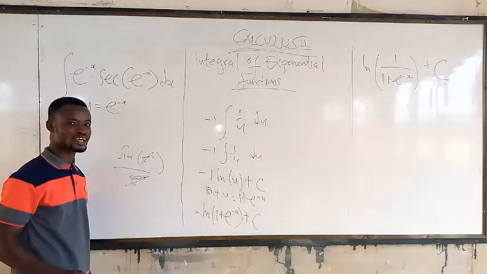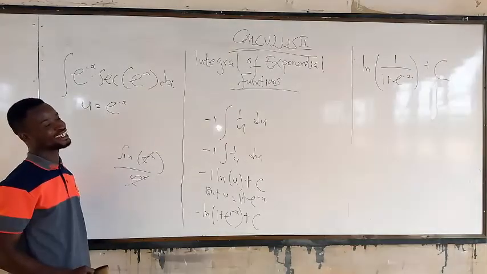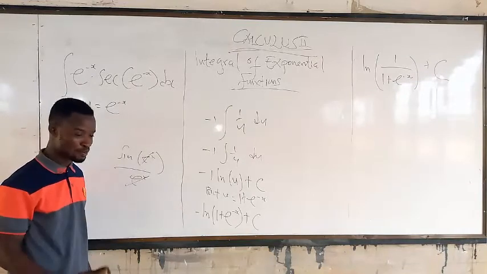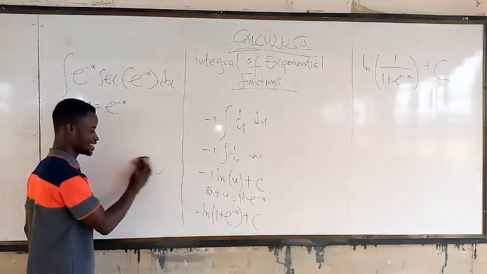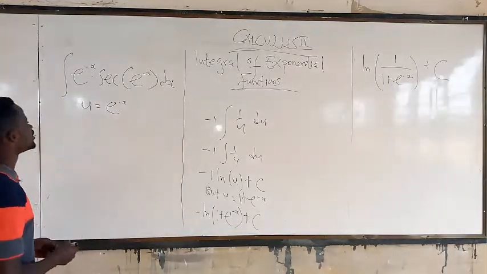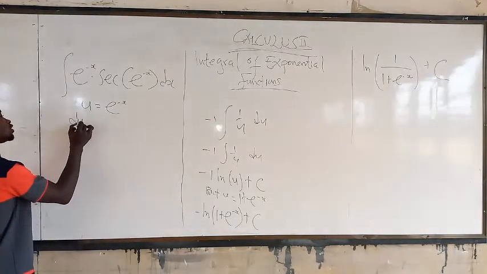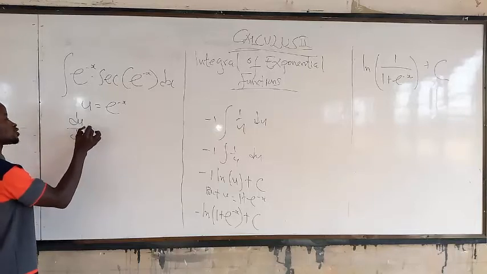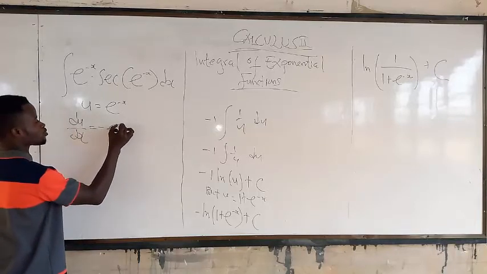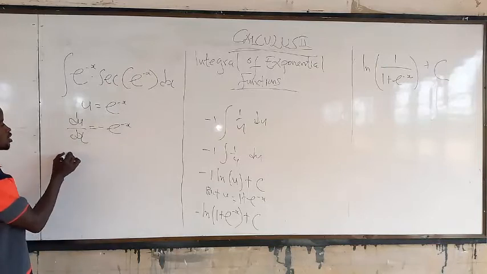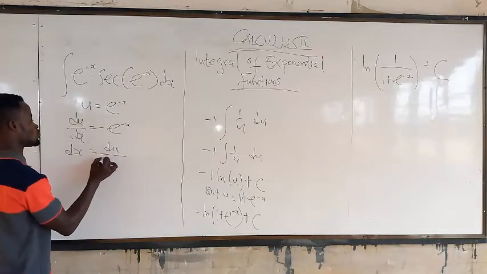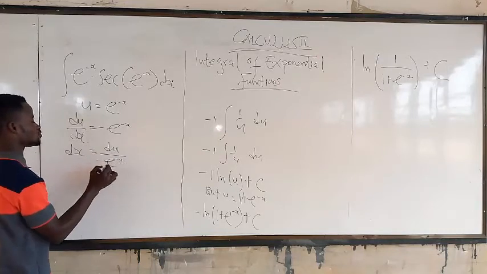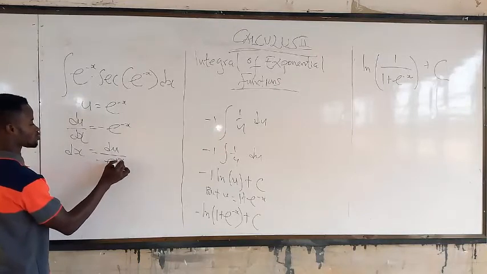This is not unique calculus, this is the problem of algebra. Alright, so that can happen. du ds is going to be negative e raised to power negative s. Okay, so ds is du over negative e raised to power negative s.